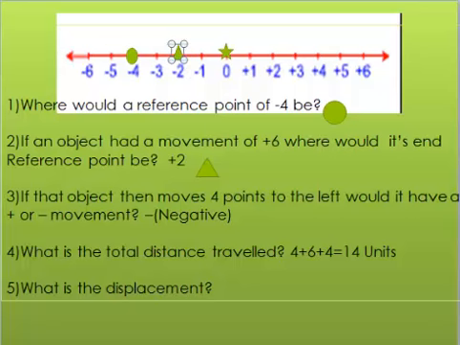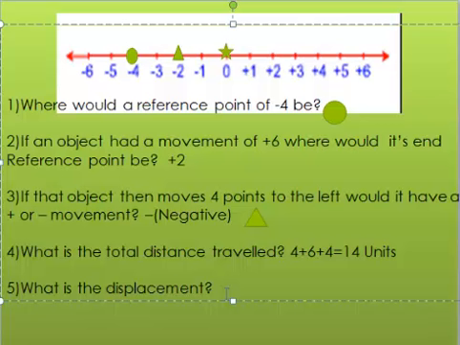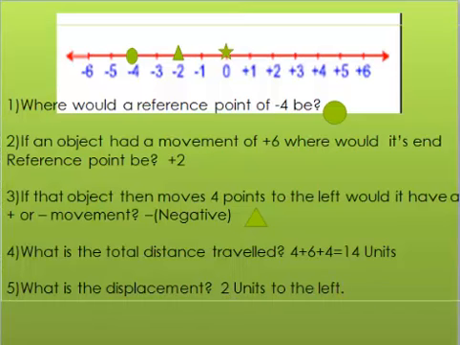So the two shapes designating our first and our last points would be the star and the triangle. So it had a total displacement of 2 units. And we will have to always include direction in displacement. So we would say 2 units to the left. And that would give us our total displacement.